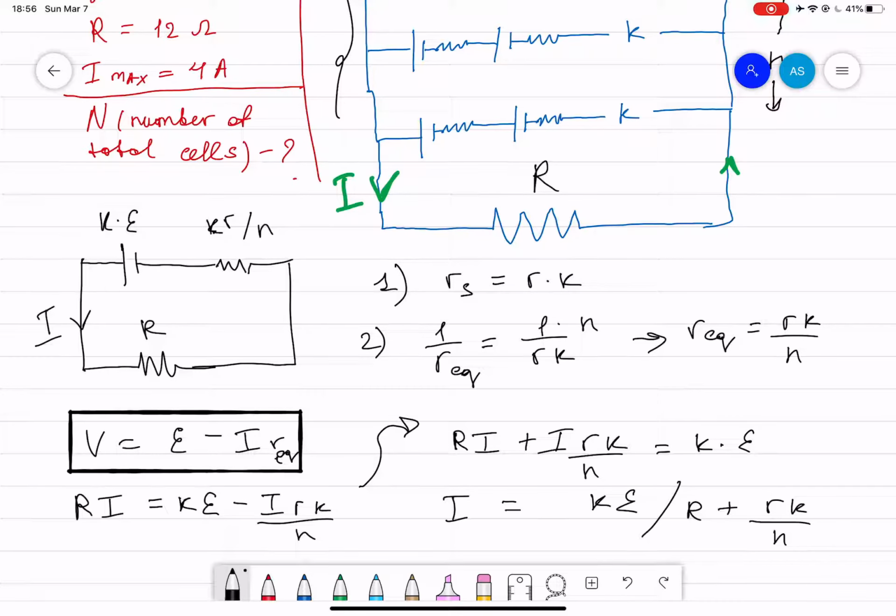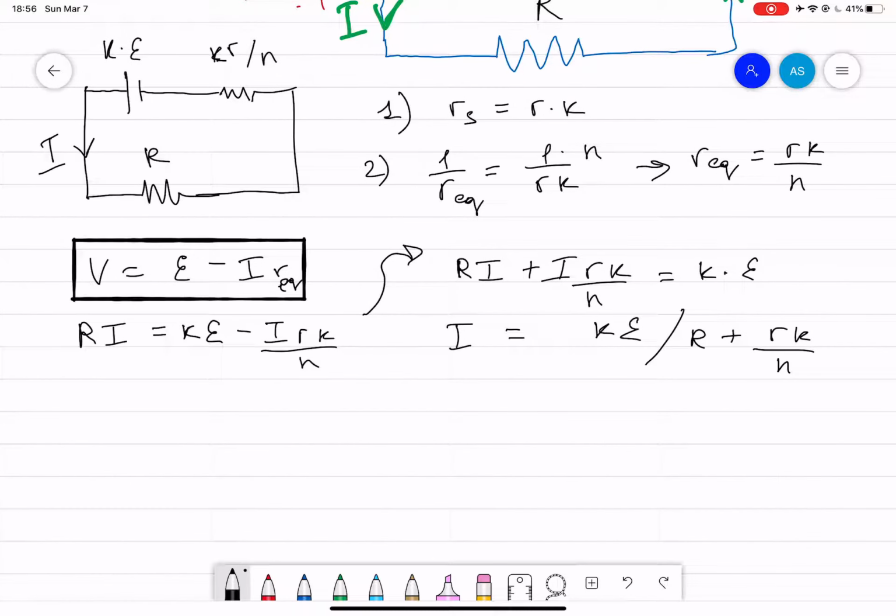What is next? In order to achieve maximum power, there is a condition where r equivalent is equal to R. If that's the case, then R is equal to rK divided by N. Then let's plug in the numbers.